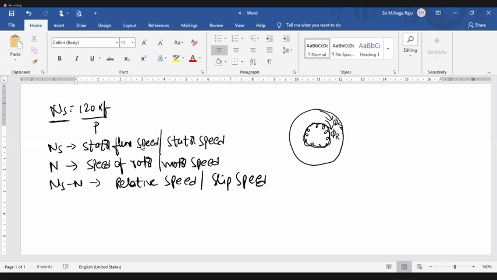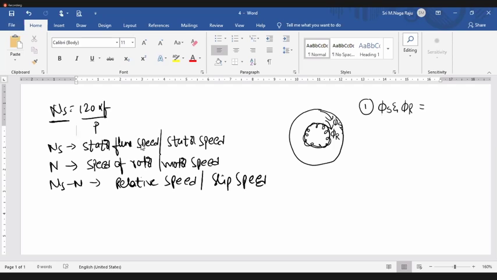And now my first question is, all of you listen. What is the relative speed between stator flux and rotor flux? Anyone? Ns minus N only, sir.